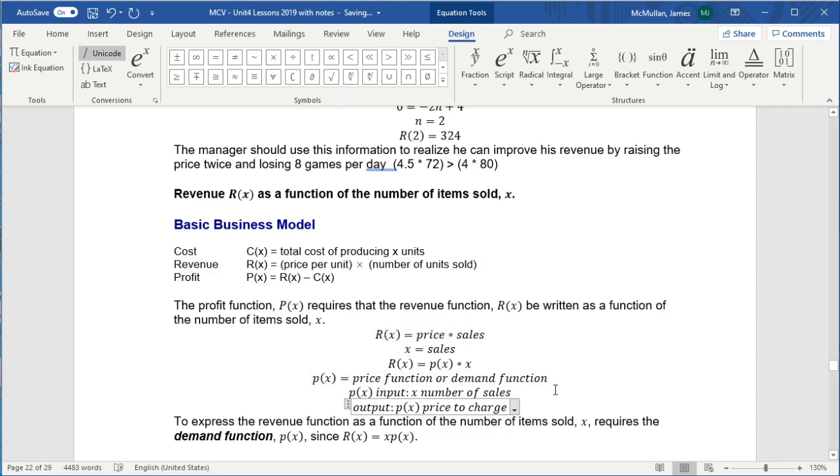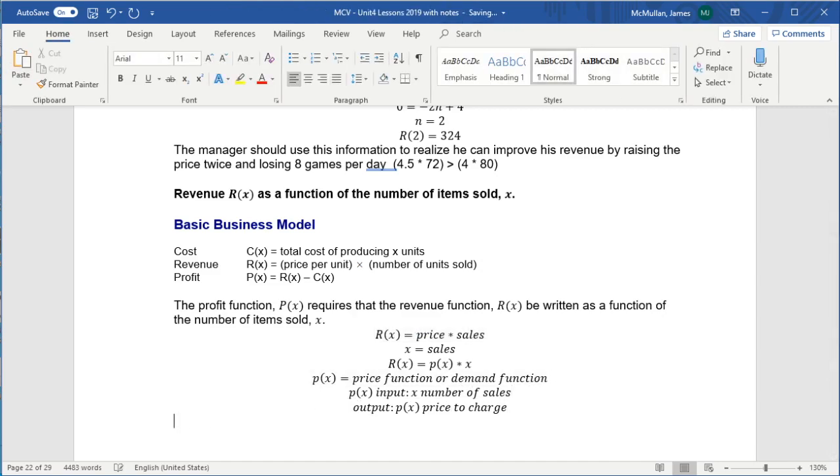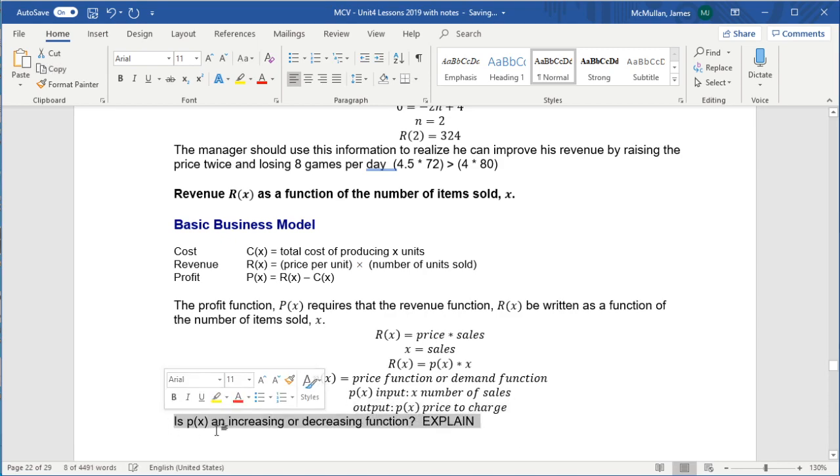Now, a little bit of a thinking question here. Is P of x an increasing or decreasing function? Explain. Okay, you should be able to explain that as we go through today. I mean, you'll get the answer in a moment, but you should be able to explain why P of x would be increasing or decreasing.